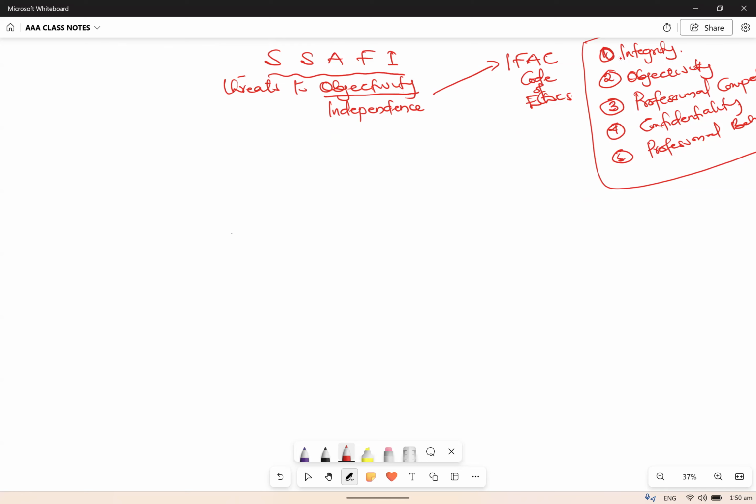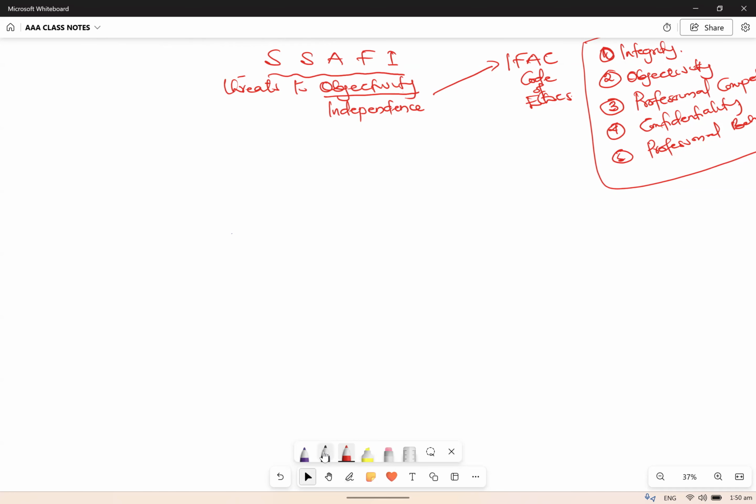The president will also be subject to audit, the government machinery. Him appointing the auditor is just a constitutional provision. It doesn't mean the auditor should be biased towards the president. If that happens, then we are already facing threats to objectivity.